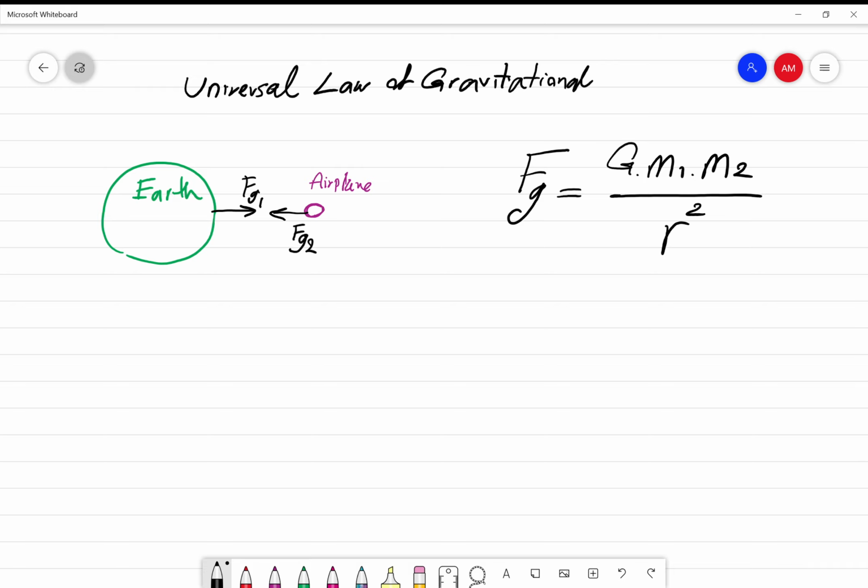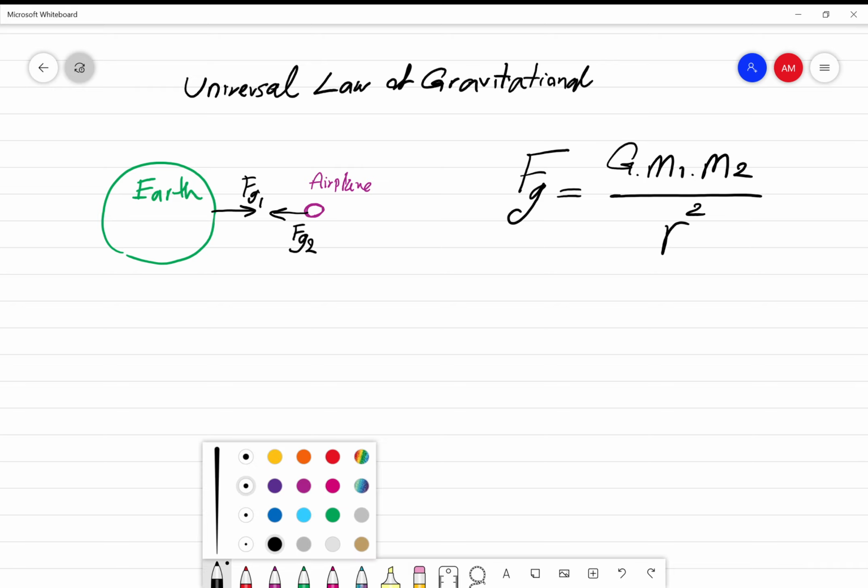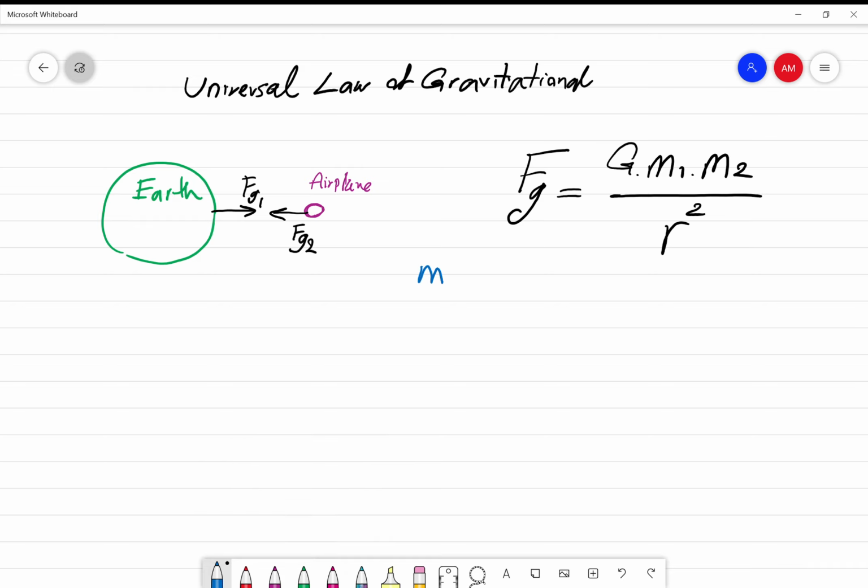Any questions so far? Okay, now how much is that force? That force is equal to, so first we have to write down our information. So we need the mass of object number 1, which is the mass of Earth. We are going to assume that is equal to 10 times 10 to the power of 24.